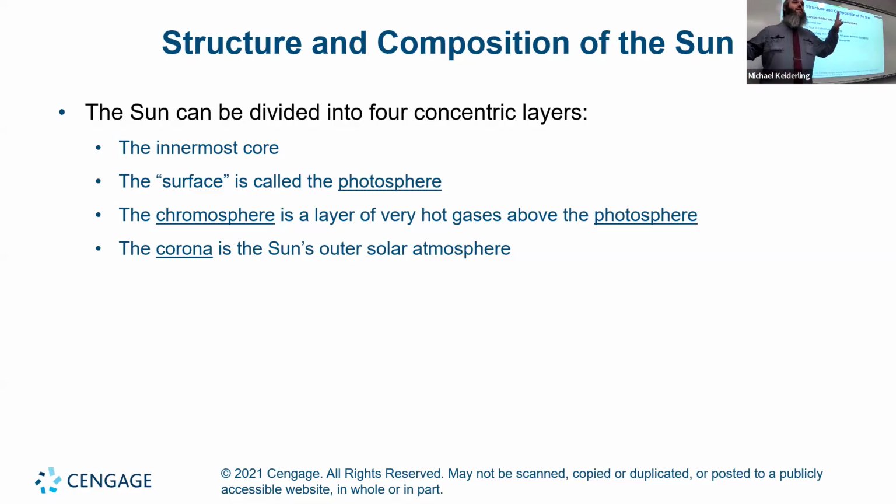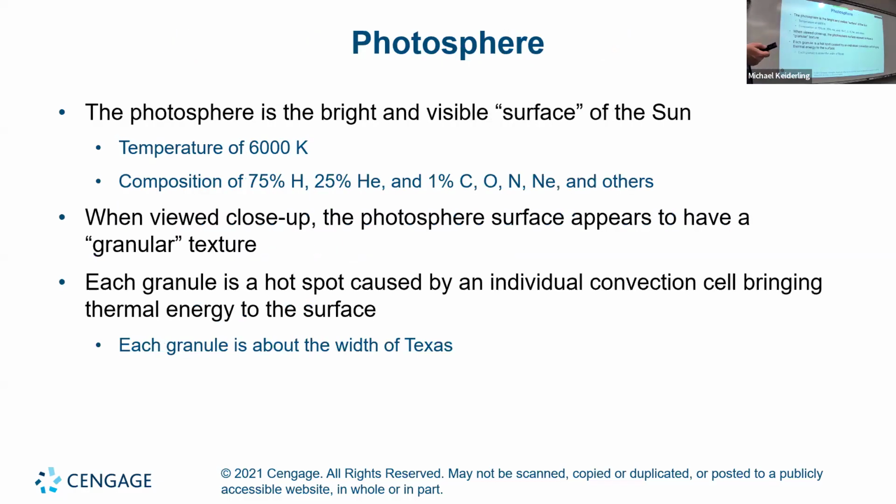And the corona is sort of spiky. And because it's spiky, they called it corona, like for crown. Spiky things get called crowns. Same reason that the coronavirus is called a crown, is because it is spiky. So the photosphere is the bright visible surface of the sun. Its temperature is around 6,000 Kelvin.